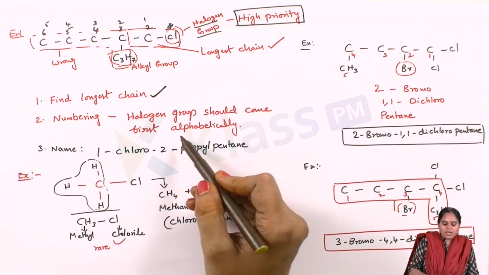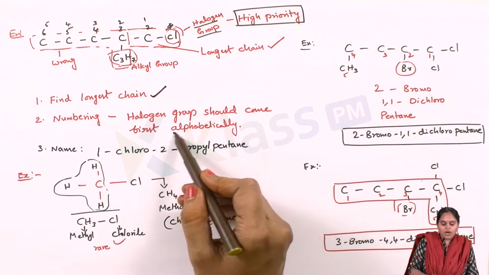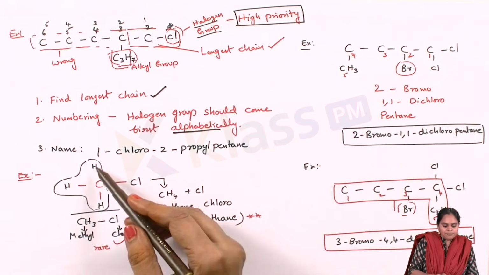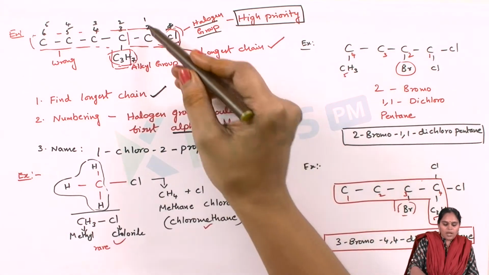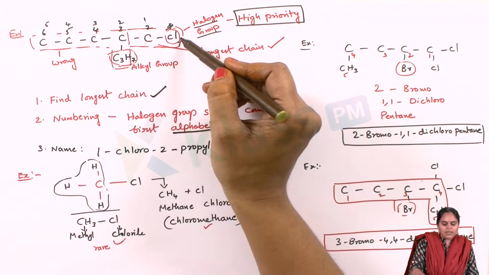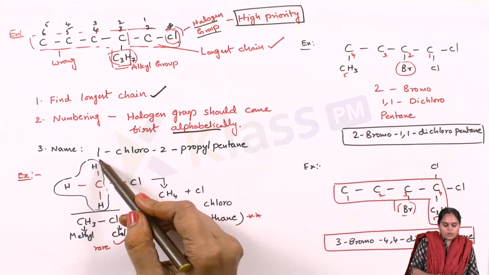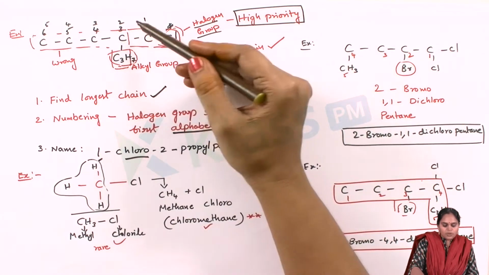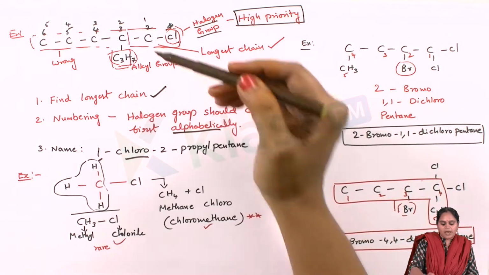While writing the name, you have to follow the alphabetical order. So the name for this one is, where is chlorine added? On 1, the first carbon, you added the chlorine. So first 1 chloro, and then 2. What is added on 2? Propyl.